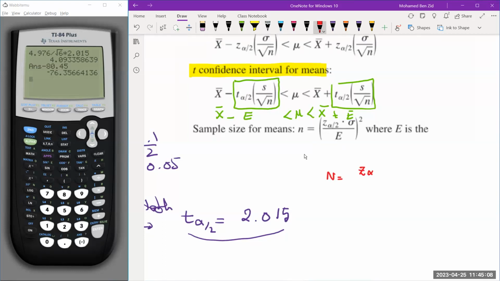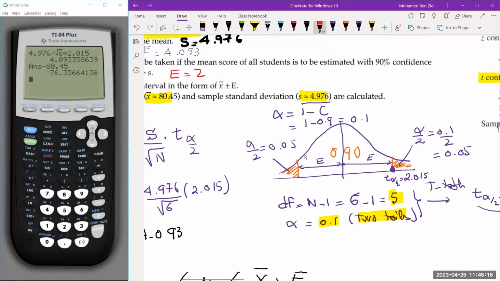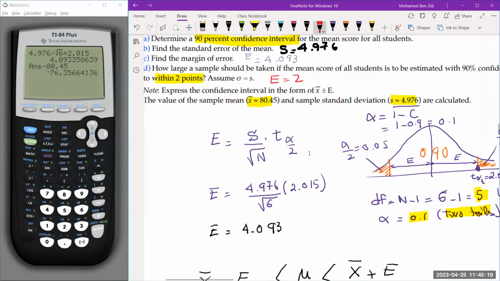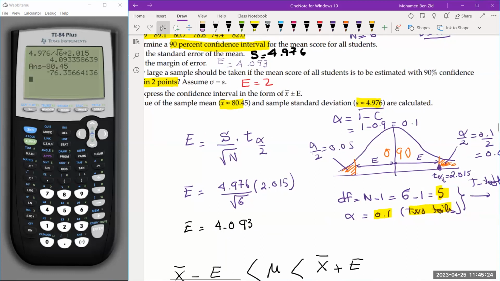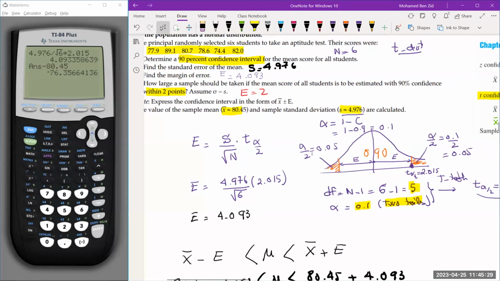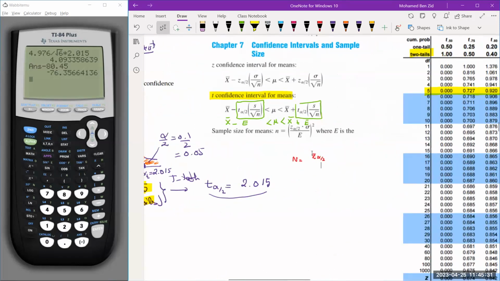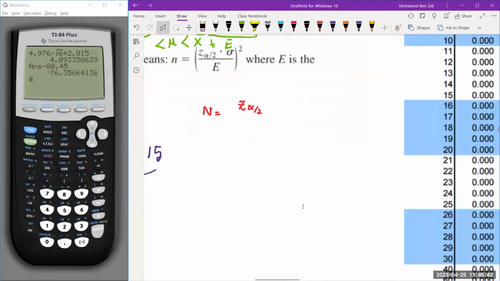is Z alpha over 2. We don't have Z, we have T. Yeah, I'm still going to use Z because we don't know N. So this is for large N. All right, so I'm going to multiply it by the sigma.